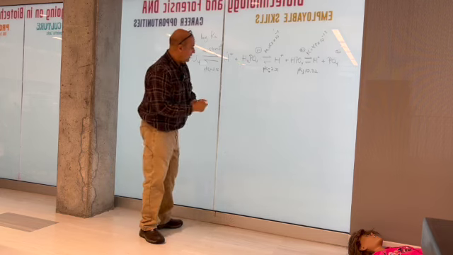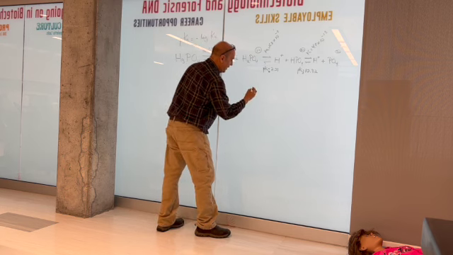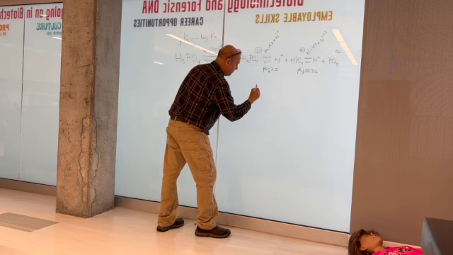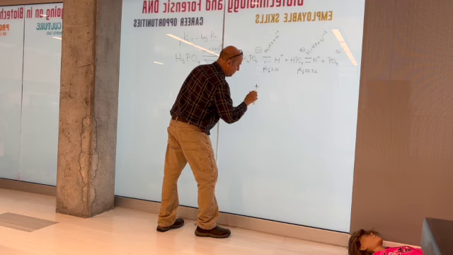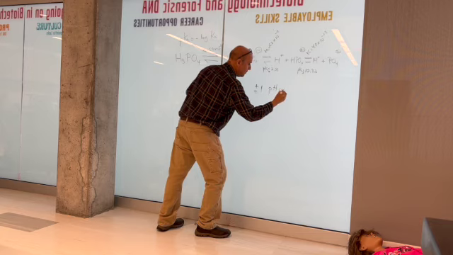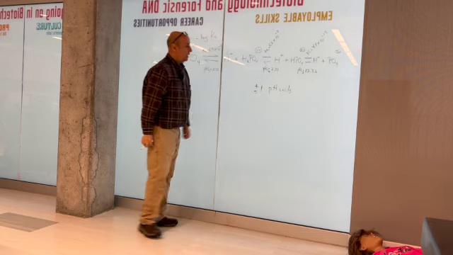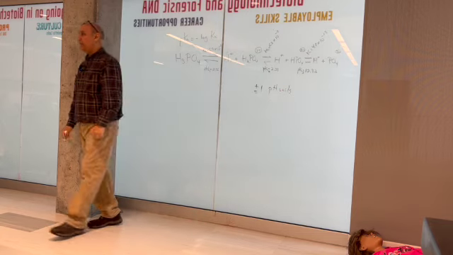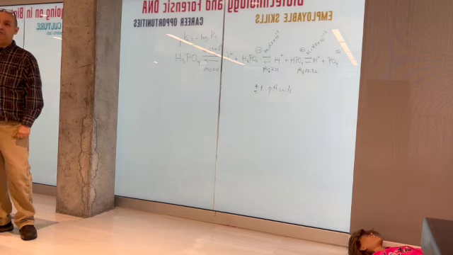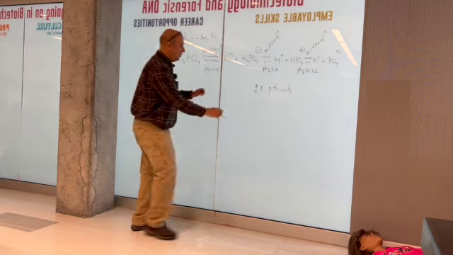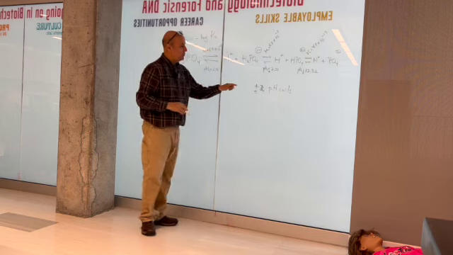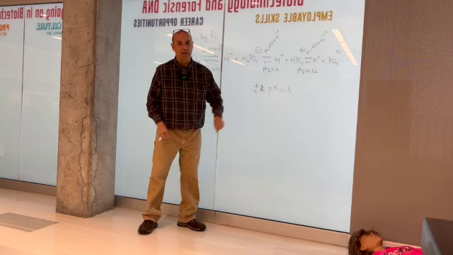So what I'm basically saying is that a buffer is going to be a working buffer plus or minus 1 pH unit from the pKa. In reality, that's a little bit too strict, so we go all the way to plus or minus 2 pH units from the pKa.